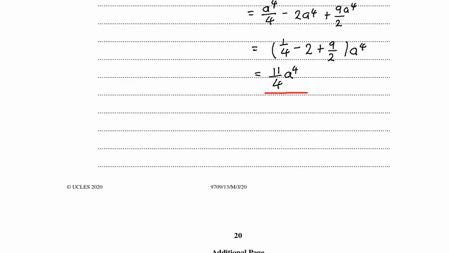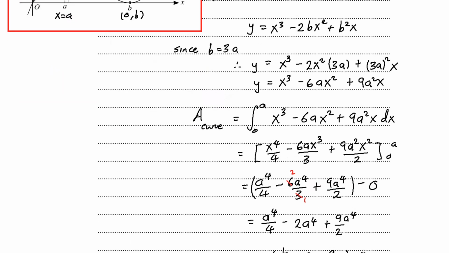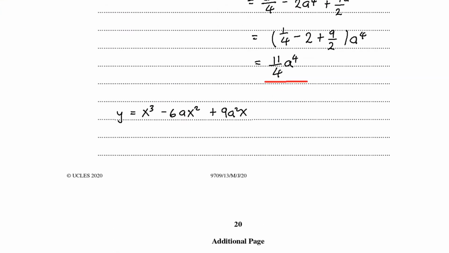I'm going to put it here, and we're going to substitute x is equal to a to get the value of y. So y will come out as a cubed minus 6a of a squared plus 9a squared of a.